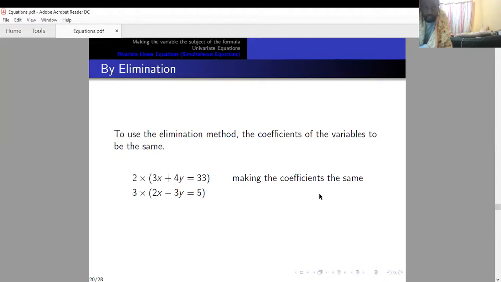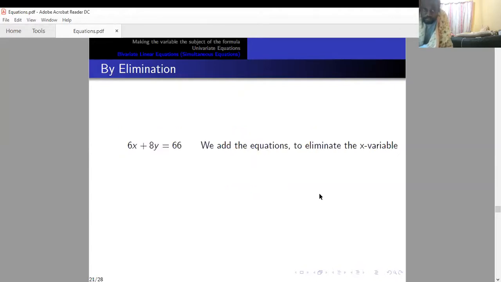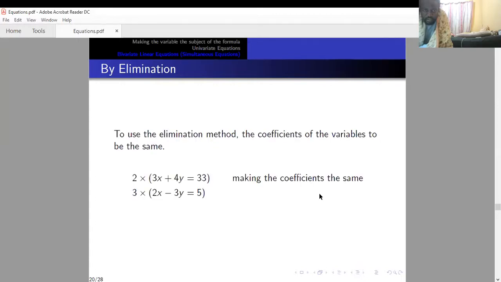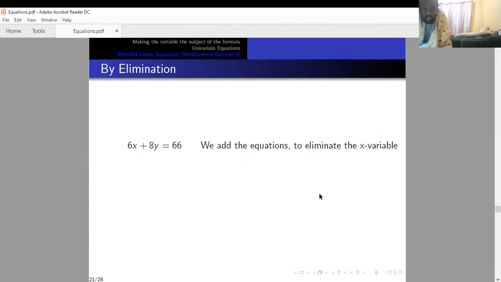Now, if we eliminate x, we have to make the two x coefficients equal. And if we make them equal, the first equation will have 6x and 8y, while the second equation will have minus 6x plus 9y.